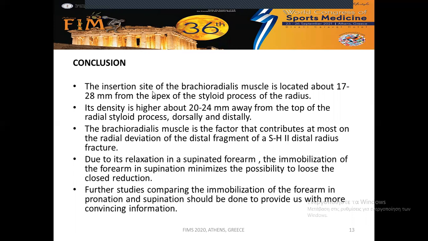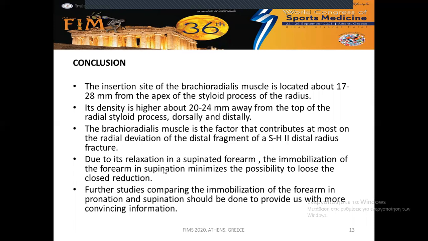Its density is higher, about 20 to 24 millimeters away from the top of the radial styloid process, dorsally and distally. And the brachioradialis muscle is the factor that contributes most to the radial deviation of the distal fragment of a Salter-Harris II distal radial fracture.